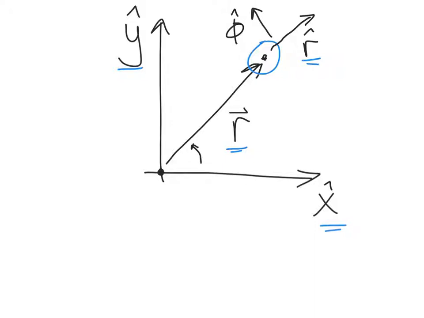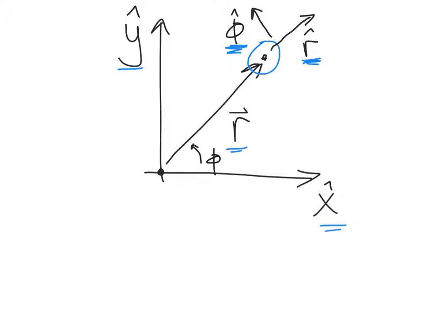So if we measure our angle phi relative to the x-axis, our angle phi looks like this. And so the direction of increasing phi is counterclockwise, and that direction is expressed by phi hat. So again, in the two-dimensional polar coordinate system, our basis vectors are not x hat, y hat, they are r hat and phi hat.